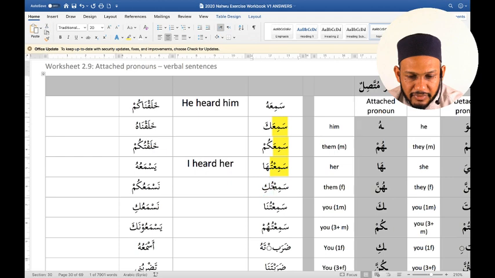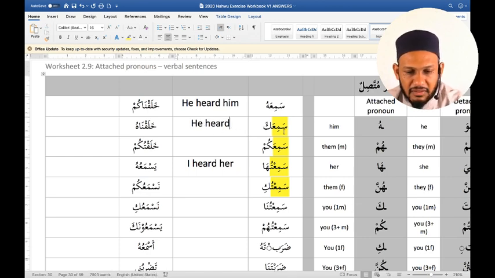So the first one, sami'aka. What does sami'a mean? It means he heard. What does ka mean? Ka means you, one male.